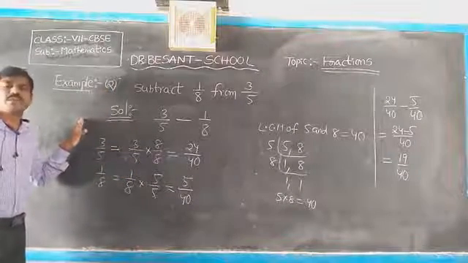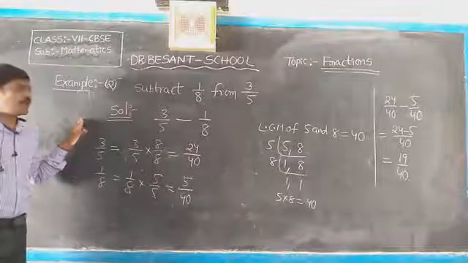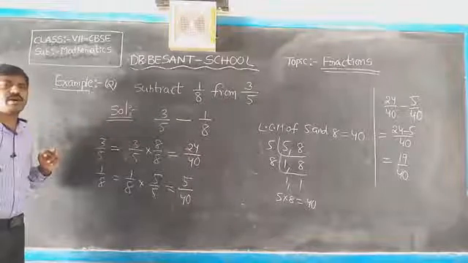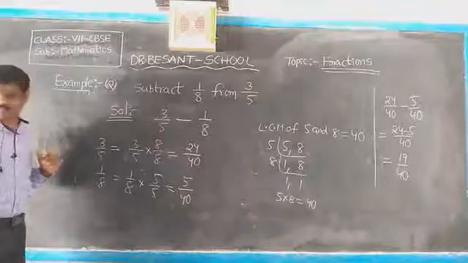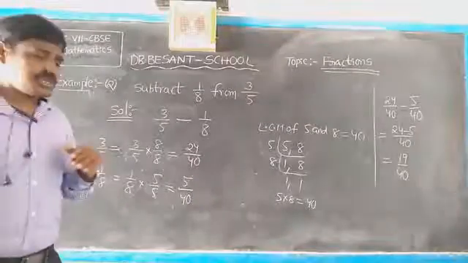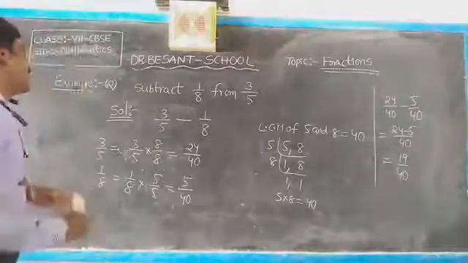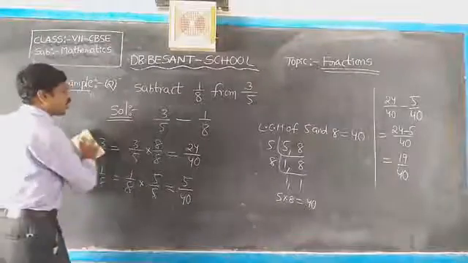In the textbook method only I did it, easily you can follow. Okay children, next, suppose in the cross multiplication method, how can we do it?